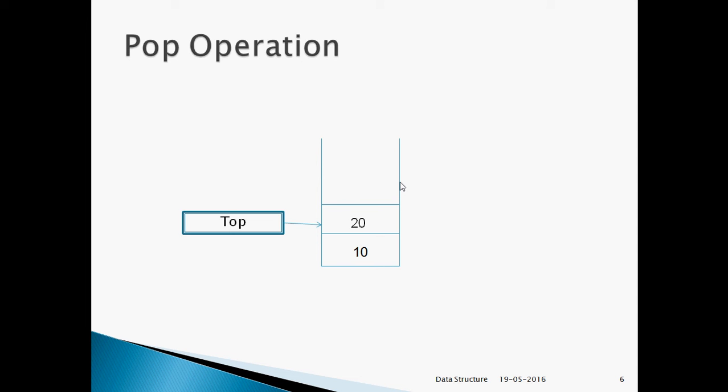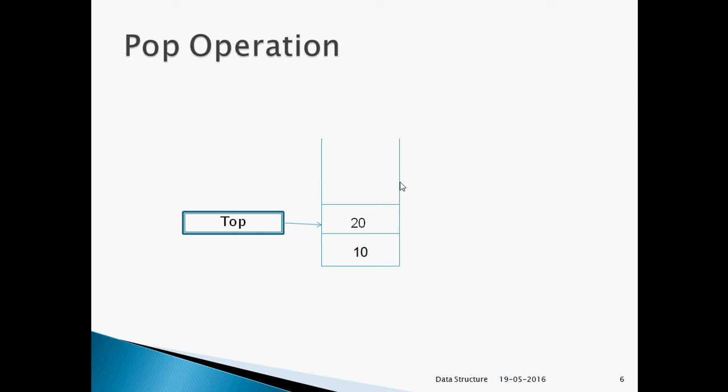So the next operation is the pop operation. The pop operation is used to delete an element from the stack. The current stack has two elements, 10 and 20. The order we inserted is first 10, second 20. So the last inserted element is 20, which is pointed to by the top.